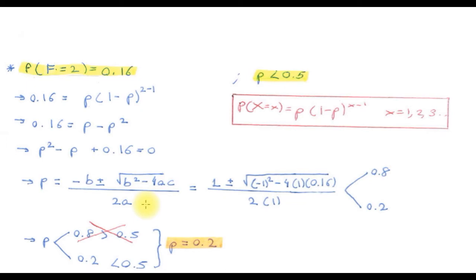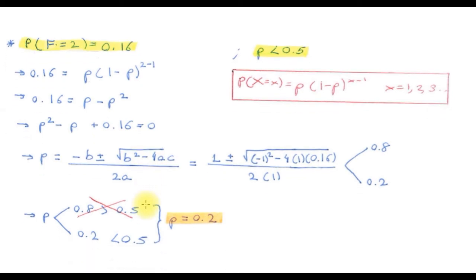To solve for p, we're going to use the formula, marked in red, that states that whenever we're using a geometric distribution and we're looking at the probability that x equals a certain value that x can take, we can find out the probability by applying this formula. The only thing that changes is that we're working with a variable F instead of x.